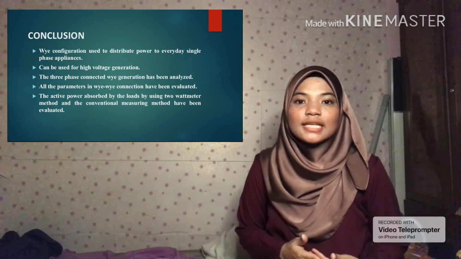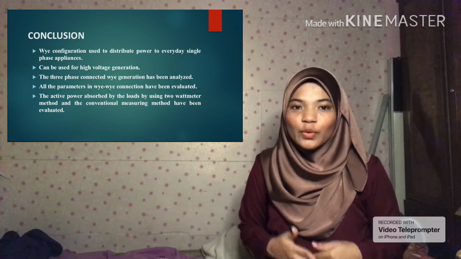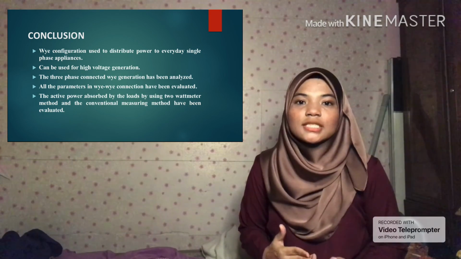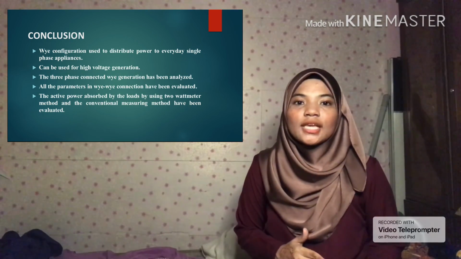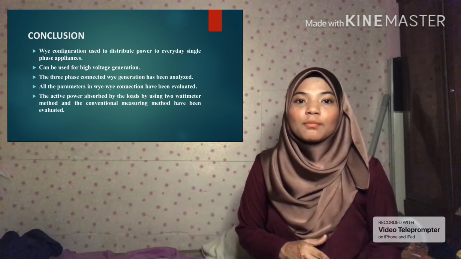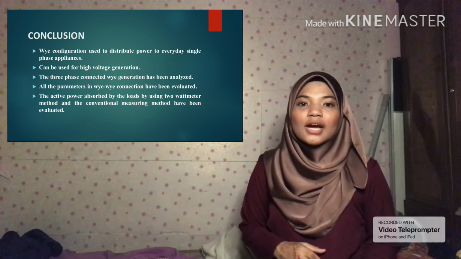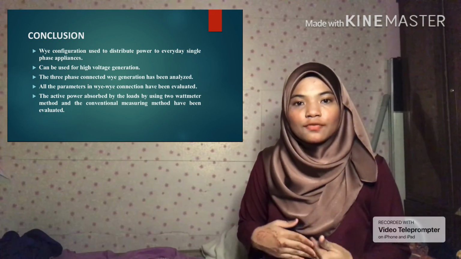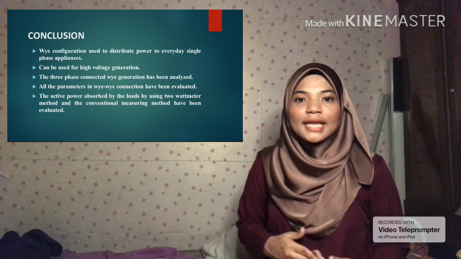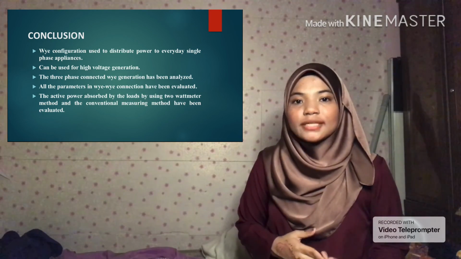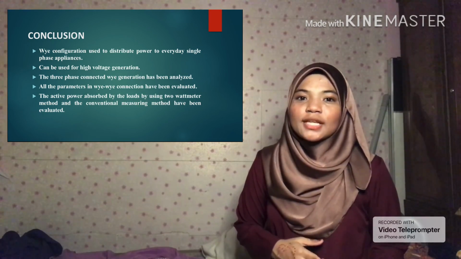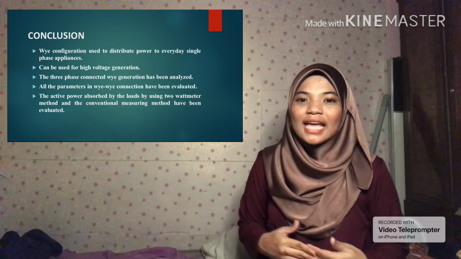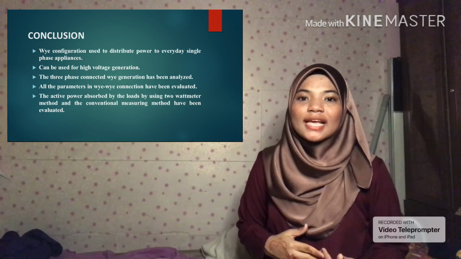Hence, the insulation required in Y connection is nearly 57.7%, where it can be used for high voltage generation, compared to the insulation that will be required in delta configuration for the same line voltage, and hence the cost for insulation will be reduced. Neutral point: the neutral wire can be drawn, and any one phase can be used as single phase.